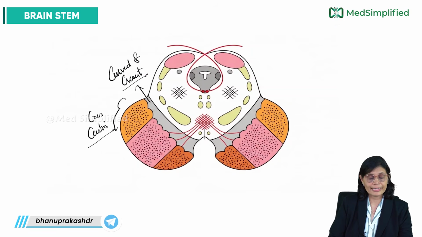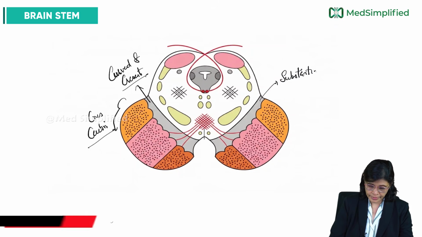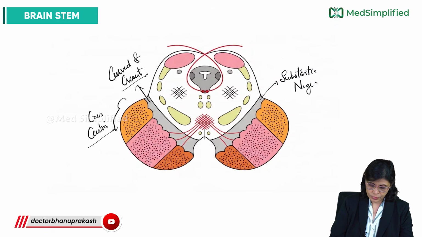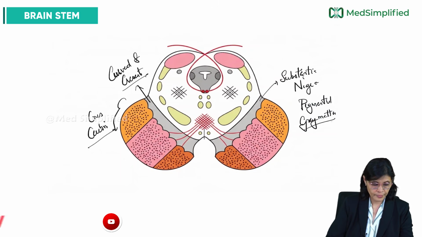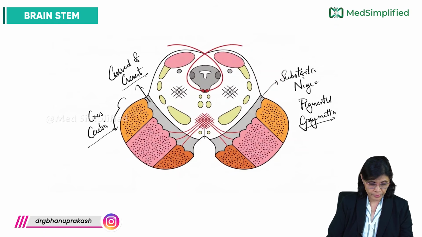Here it is highly pigmented; it is pigmented grey matter. It is situated between the tegmentum and the crus cerebri part, so it is located between those two things.